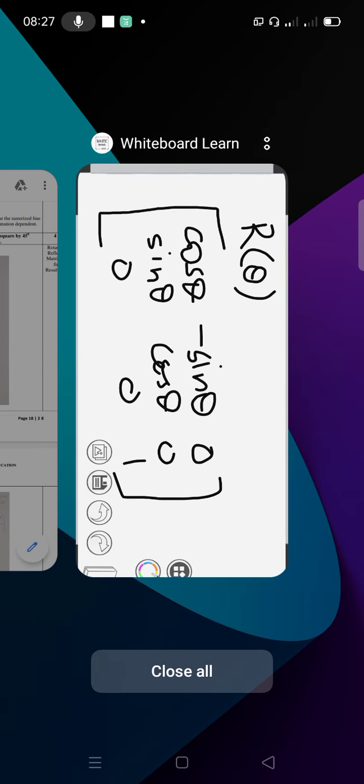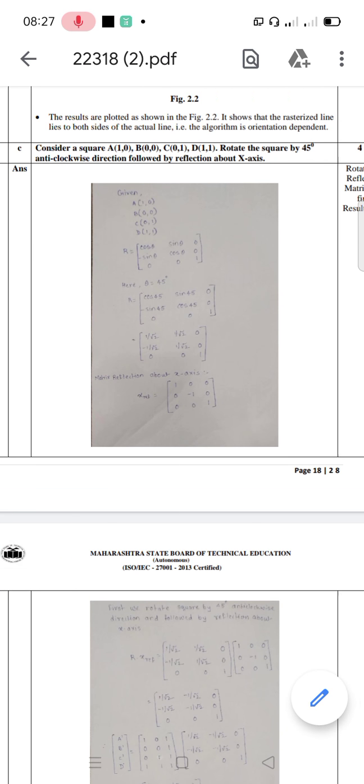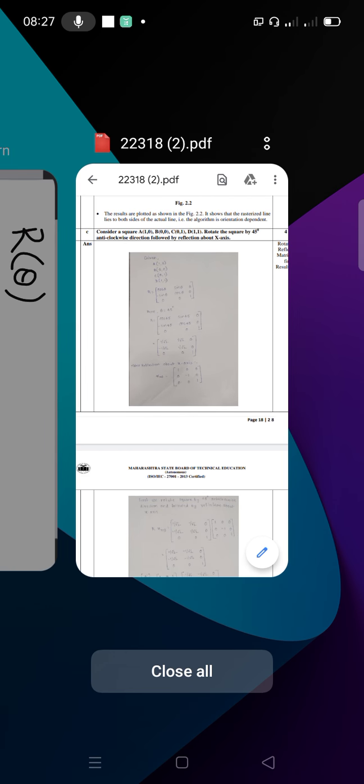The first row represents the x coordinate transformation for a rotation, the second row represents the y coordinate, and the last is a dummy row. We have seen this matrix in previous sessions also, so we will use this rotation matrix.